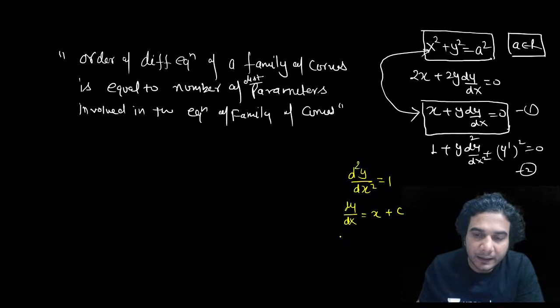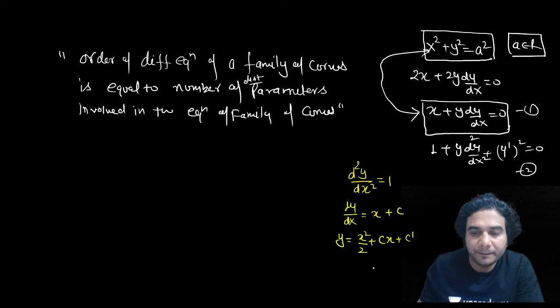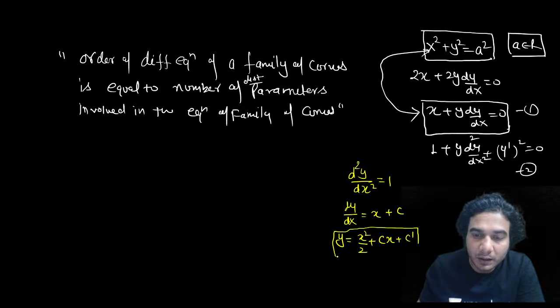And further, if we integrate it, we'll get y is equal to x square by 2 plus cx plus c dash. So have you got it? If you have a second order equation, you'll get two parameters by solving it. So a family of curves of second order will have two parameters, right?